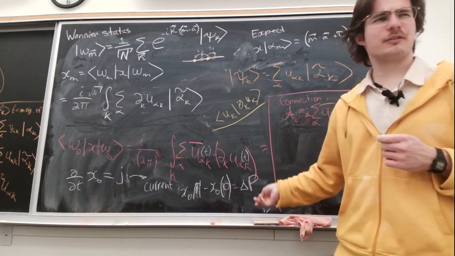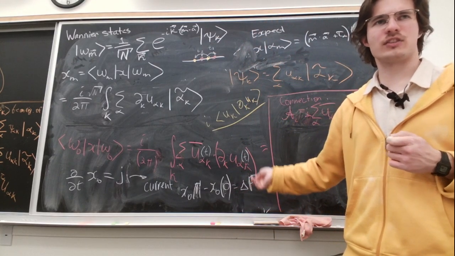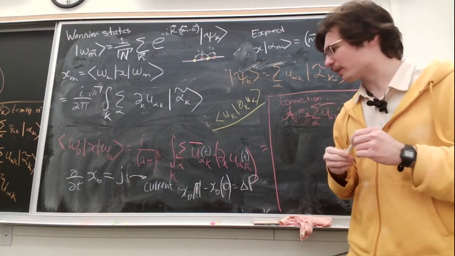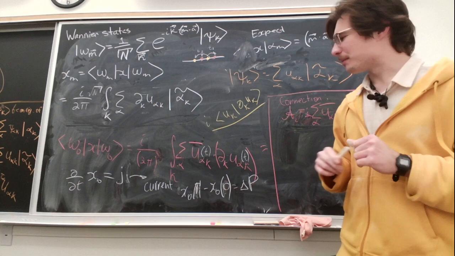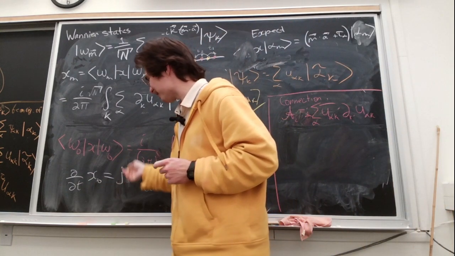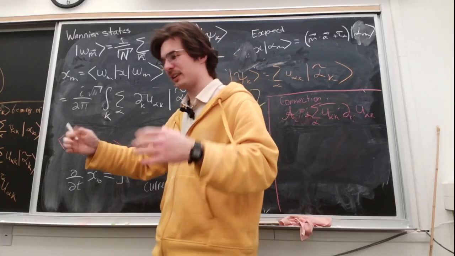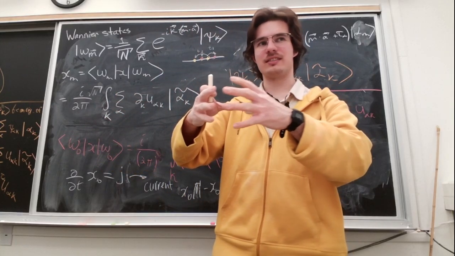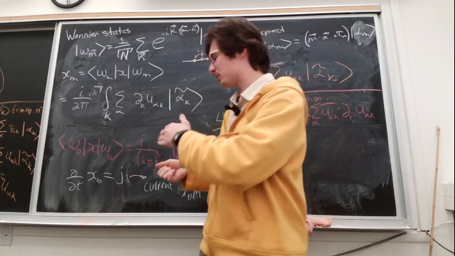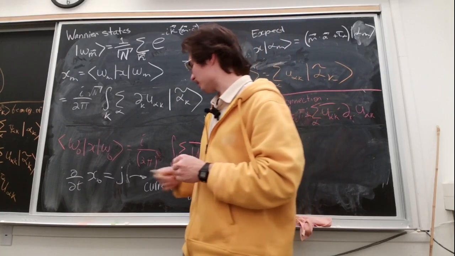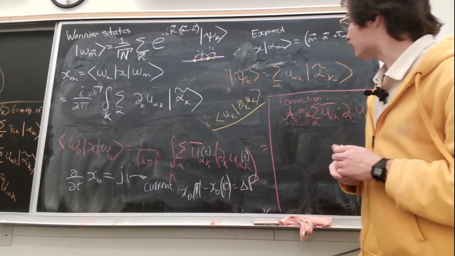They had a fairly complicated discussion of why that's the change of polarization, and it was confusing and very long. I think this is the simpler picture: this tells you where something is centered, and if you take a time derivative, that gives you the current of how fast it's moving out of where it is. Okay.